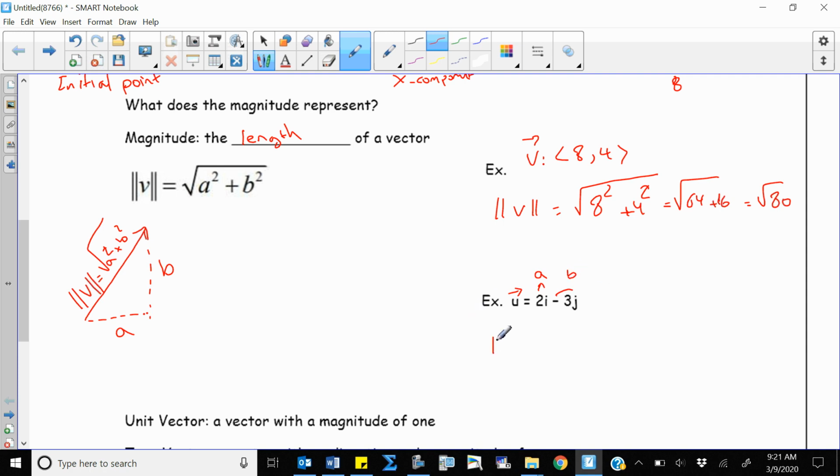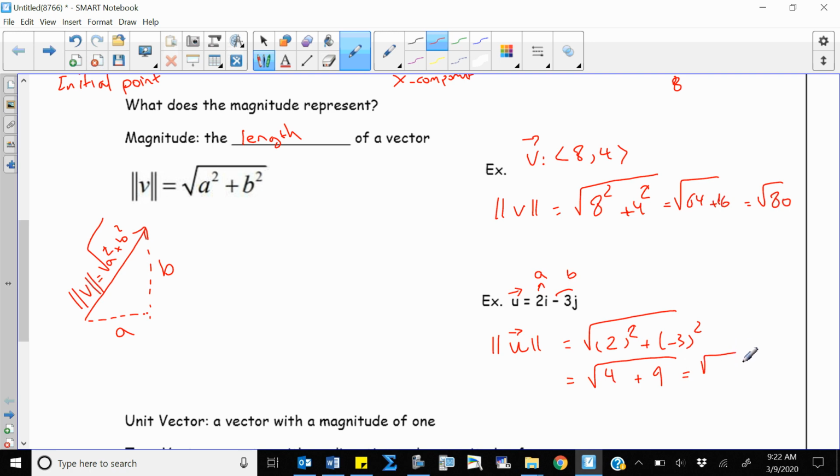To find the magnitude of u, I'm going to take each of the x and y components, so it will be 2 squared plus (-3) squared. Notice that here the y component was a negative number, so I raise that to the power of 2. It will be 2 squared is 4, and (-3) squared is +9.